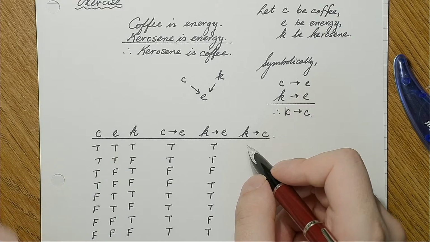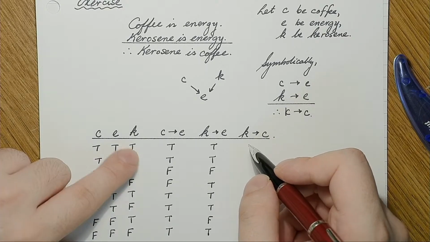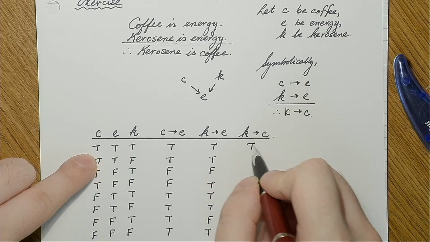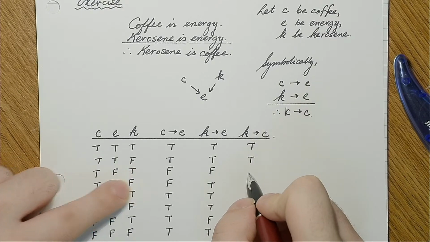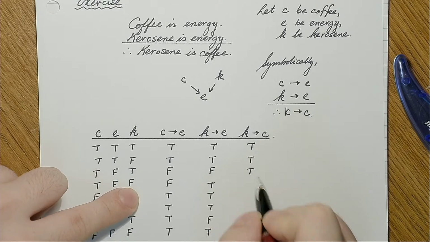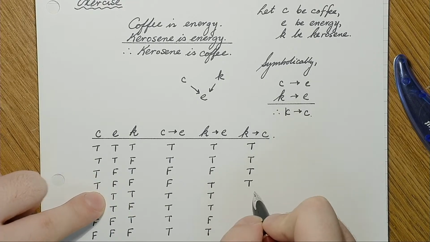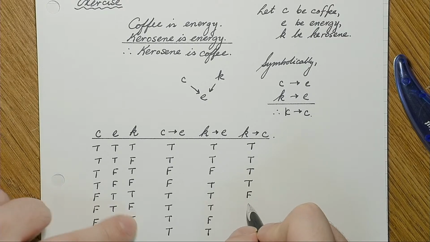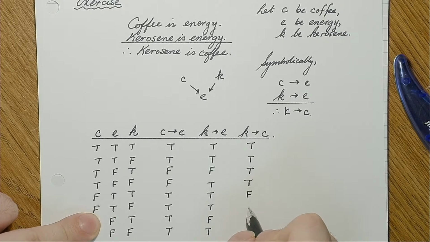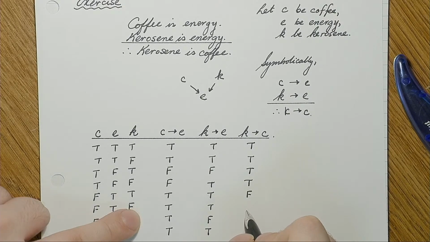From K to C, so true, true implies true. It may be tedious, but take your time. You don't want to make a mistake, because one little error and you will get the wrong conclusion about your argument.